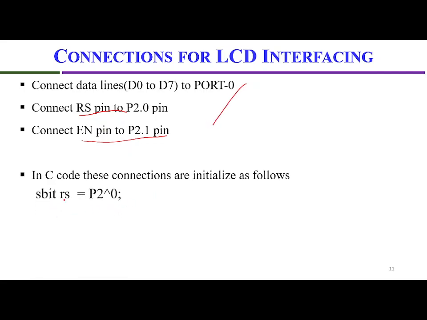So we write sbit RS = P2.0. This name is given by us, so we can give any name. Here I am using the meaningful name RS. Then sbit EN = P2.1. This is how P2.1 is written in C language.